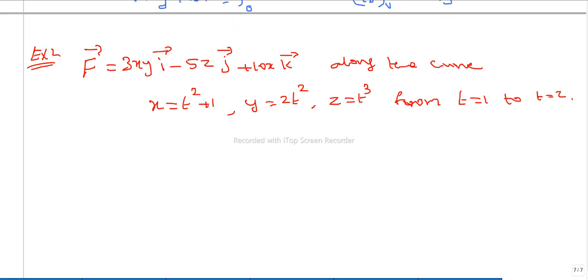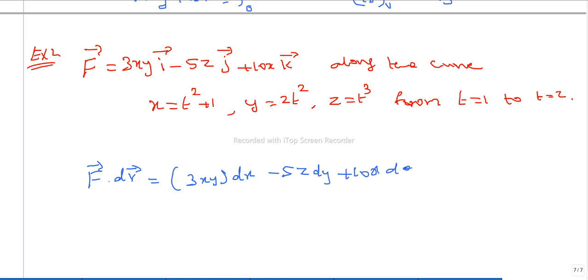Again you have to find F dot dr. Take r equal to (x, y, z). So F dot dr is 3xy dx minus 5z dy plus 10x dz.